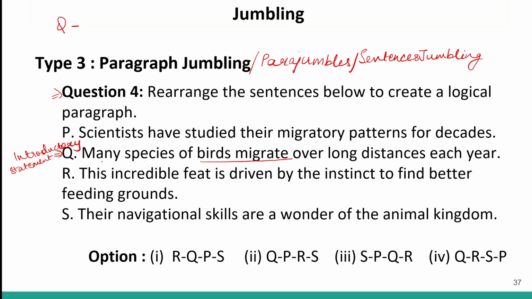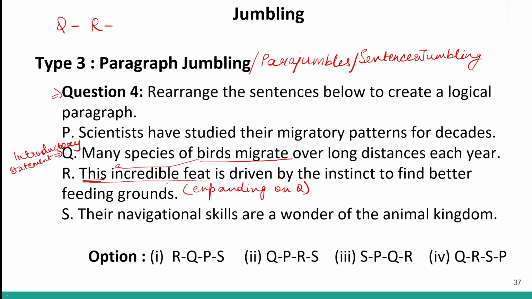Then, if we look at R, I am talking about many species of birds migrate over long distances. Now, R says this incredible feat. Which incredible feat? Feat of migration. So R is expanding on Q. So, I can say after Q, we'll get R.